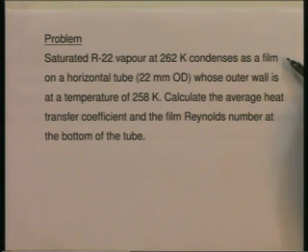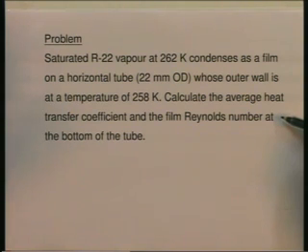Saturated R22 vapor at 262 Kelvin condenses as a film on a horizontal tube, 22 mm OD, whose outer wall is at a temperature of 258 K. Calculate the average heat transfer coefficient, that is H bar for that single tube, and the film Reynolds number at the bottom of the tube.